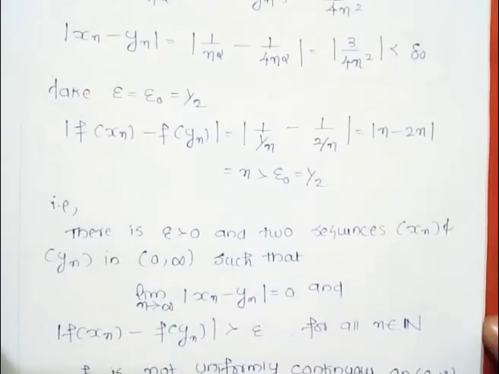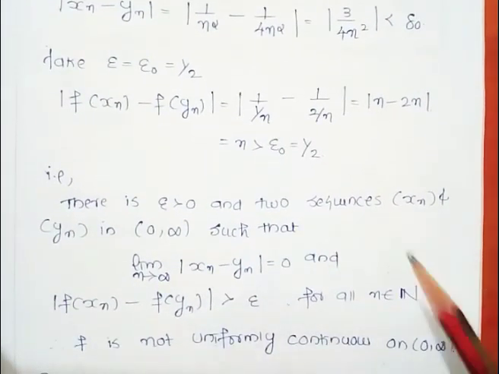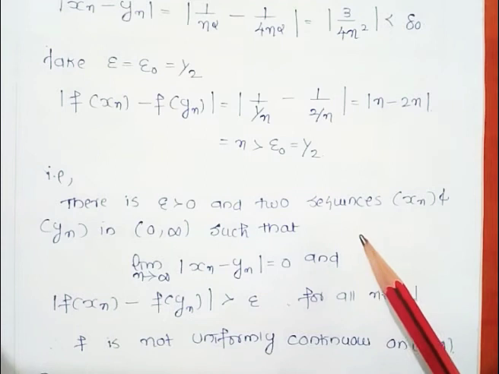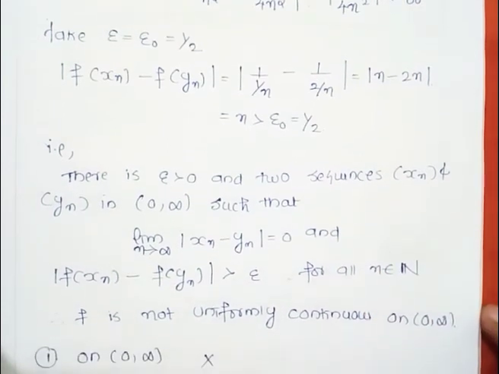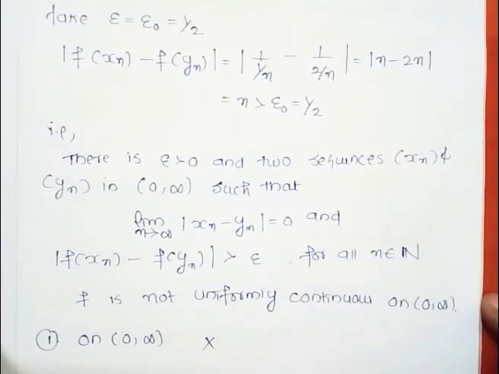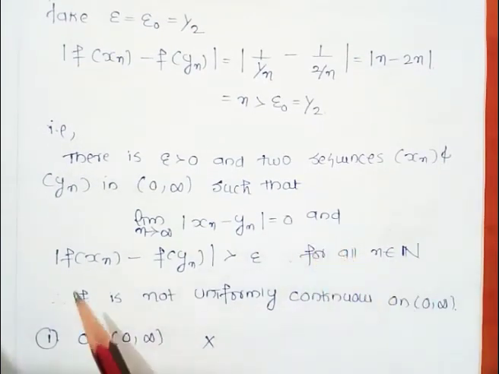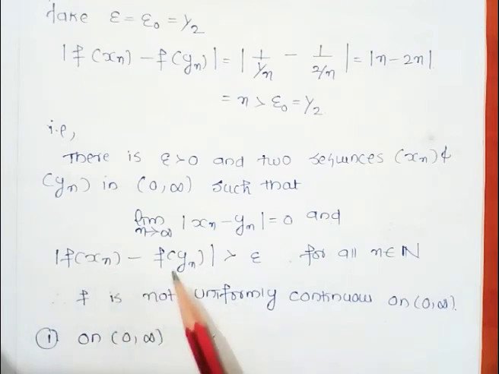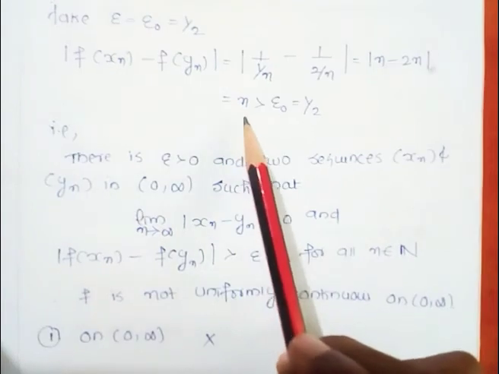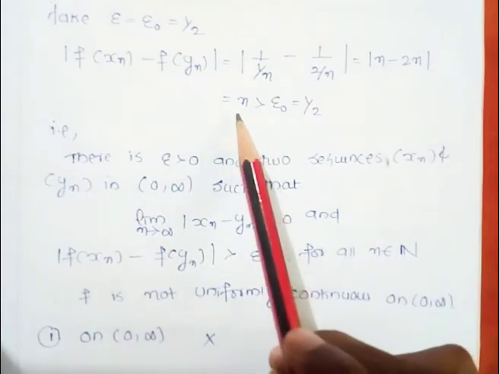That is, there is an epsilon naught and two sequences xn and yn in the open interval (0, ∞) such that the limit as n tends to infinity of |xn − yn| approaches 0, and |f(xn) − f(yn)| is greater than epsilon naught, because we get |f(xn) − f(yn)| equal to n.